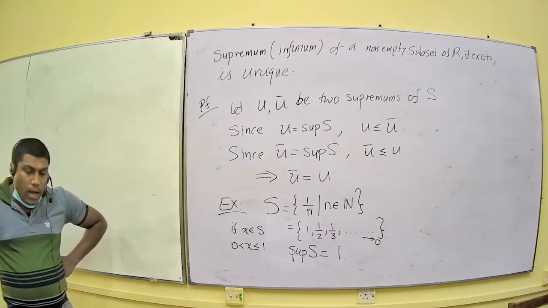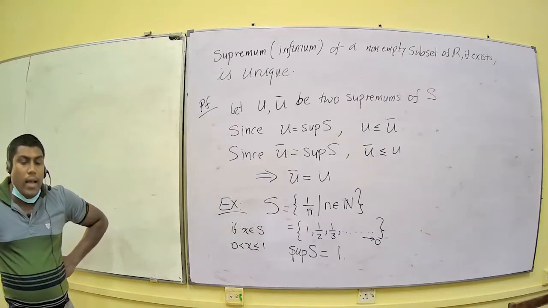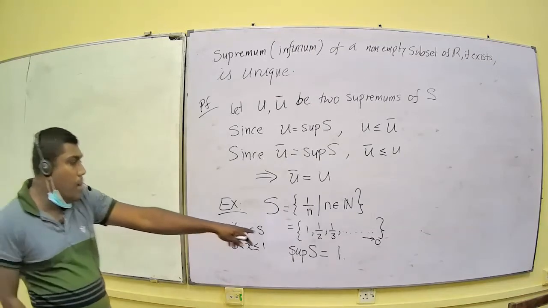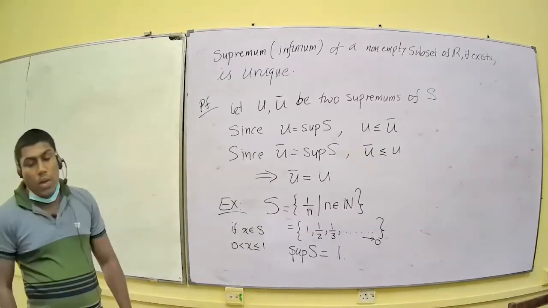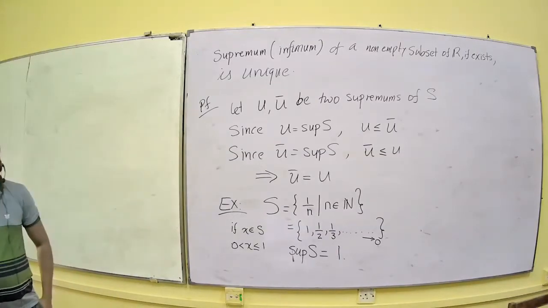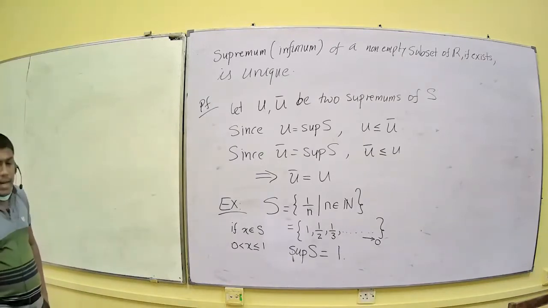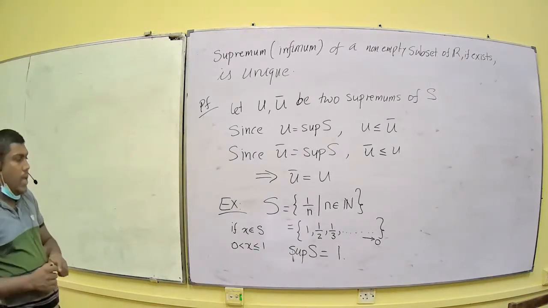You cannot find any number smaller than 1 that is an upper bound, because 1 is also a member here. So clearly you can see the supremum of S is 1.